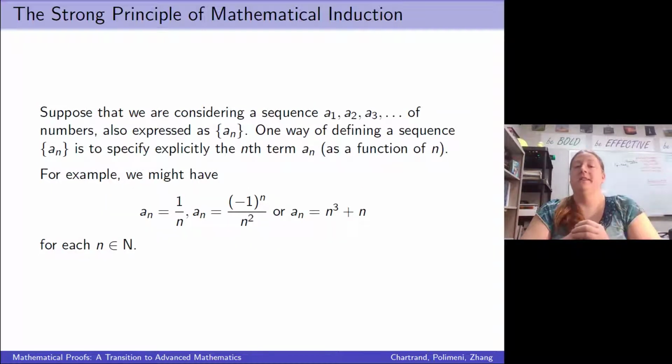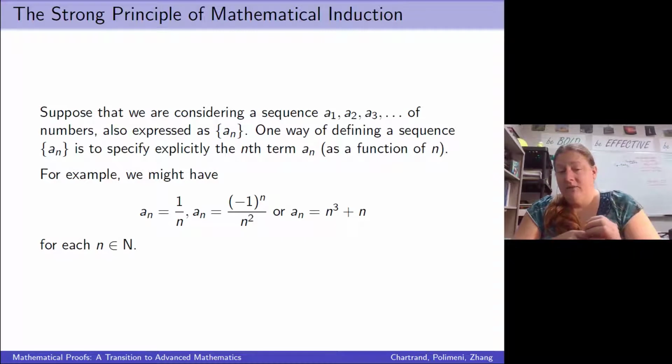So let's consider a sequence A1, A2, A3, and so on of numbers. We can write this with the curly brackets and the A with a subscript, and we can talk about what the nth term in the sequence is. So I might have a sequence defined to be A sub n equals 1 over n.